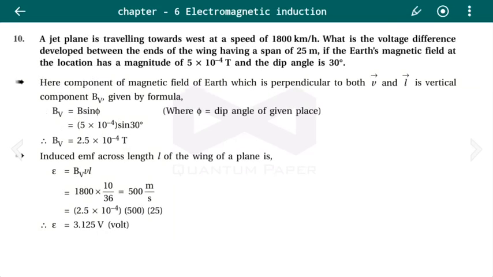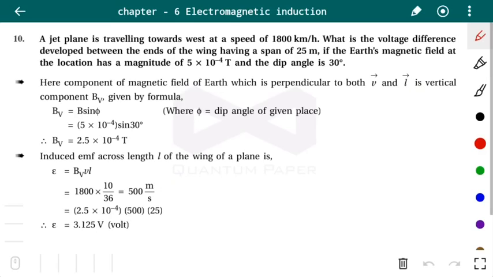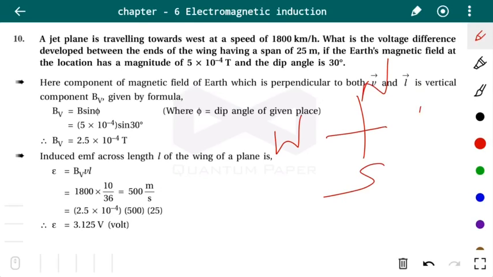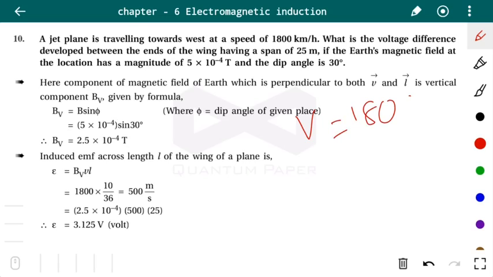Now numerical number 10. A jet plane is traveling towards west at a speed of 1800 km per hour. So considering the direction, the jet plane is traveling in the westward direction and its speed is v equals 1800 km per hour.